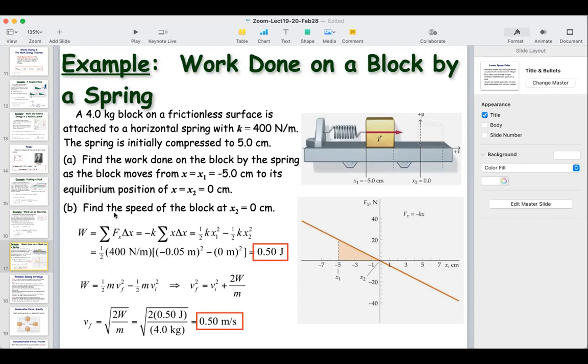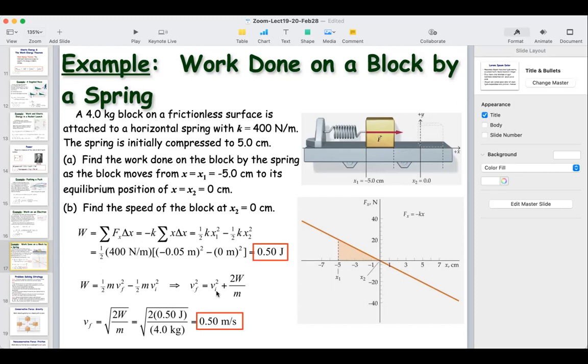Then it says find the speed of the block at 0 centimeters, which means in the final position. So we have that the work is 1/2 m v final squared minus 1/2 m v initial squared. And so v final squared is equal to this expression. We saw it already before.